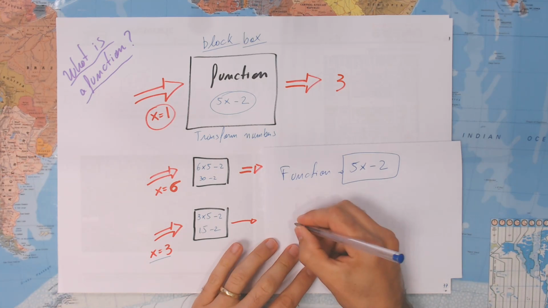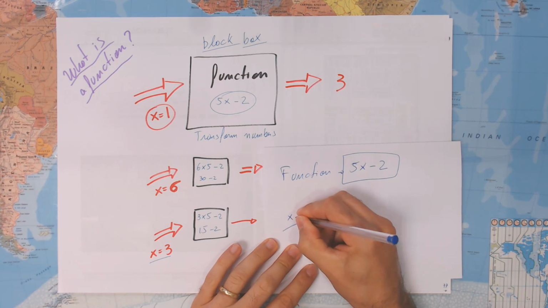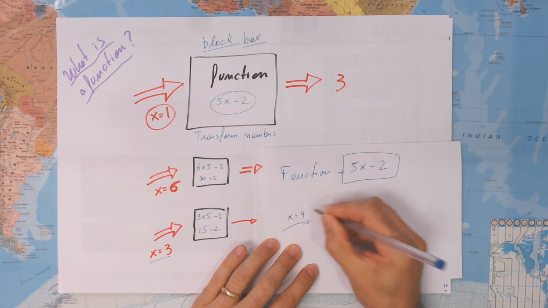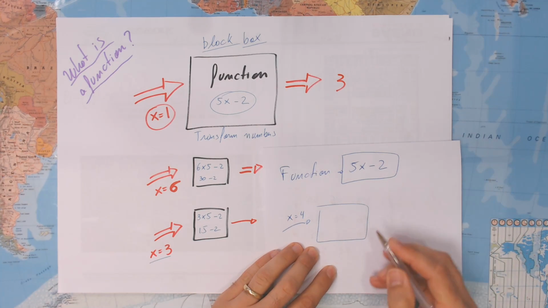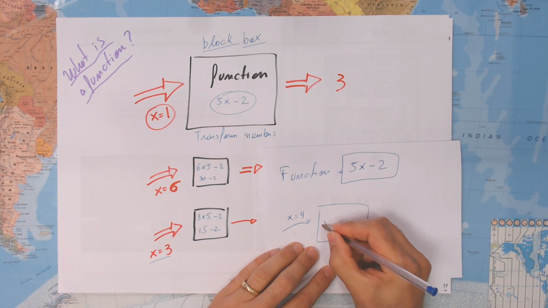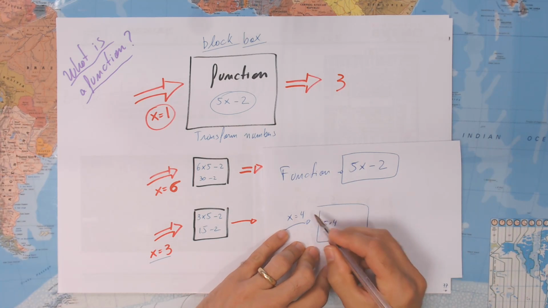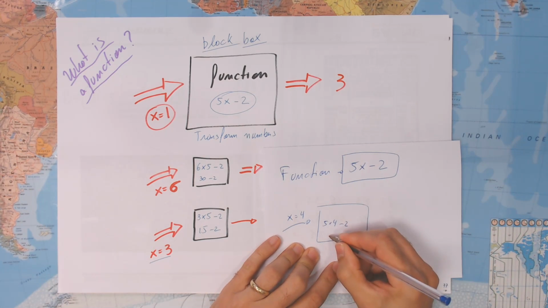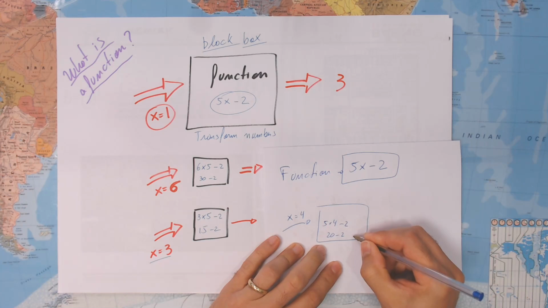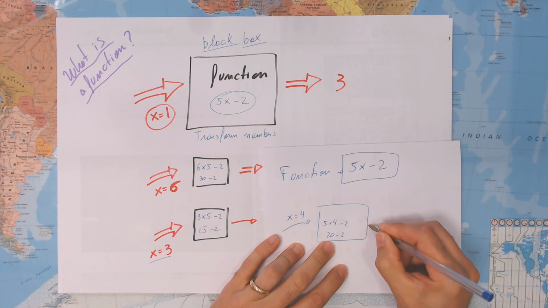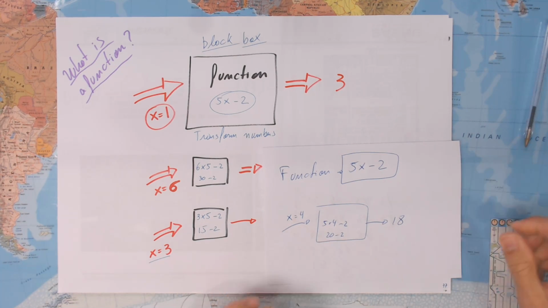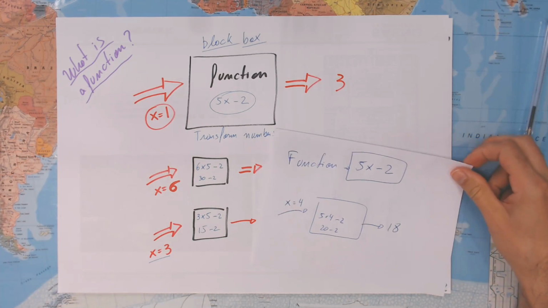If we just plug in, like, x equals 4, for instance, on that function, we're going to take 5 times 4 minus 2. This is 20 minus 2, and this is 18. So it is going to transform 4 into 18.